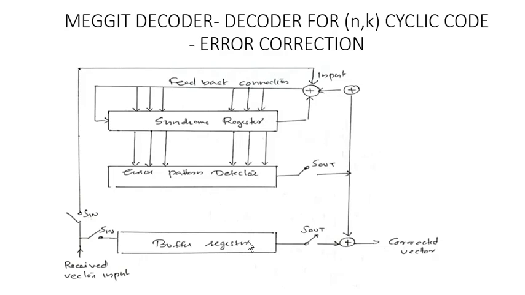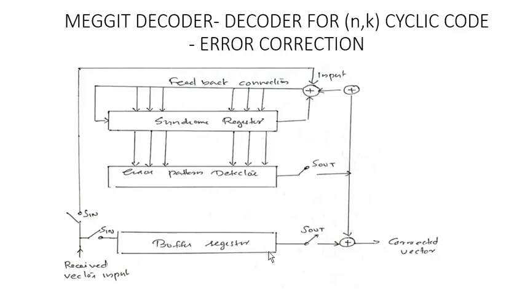At the same time, the buffer register content shifts right one place, and the syndrome register content also shifts right by one place. Using the new content of the syndrome register, a new syndrome is calculated. Based on that new syndrome, the error pattern detector's output may be 0 or 1. 0 means there is no error, 1 means there is an error, meaning the second digit of the buffer register content is in error.